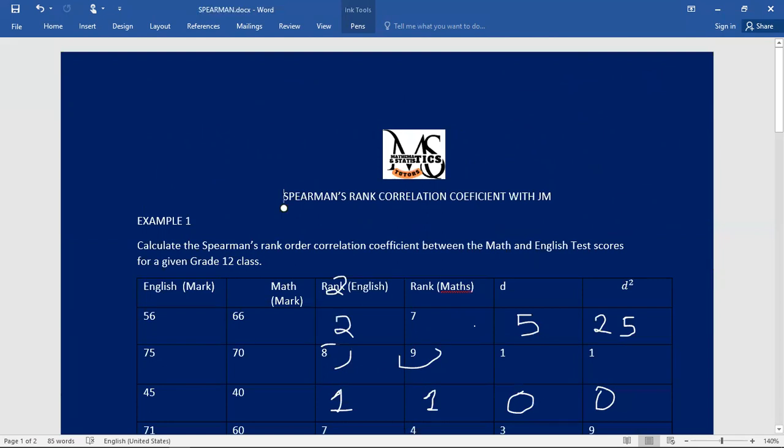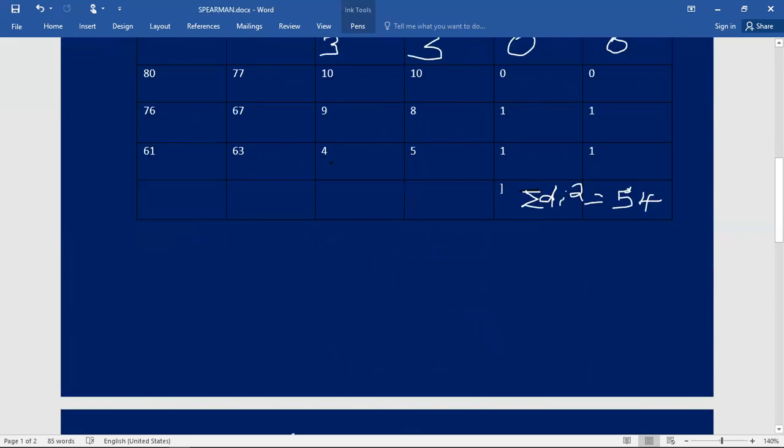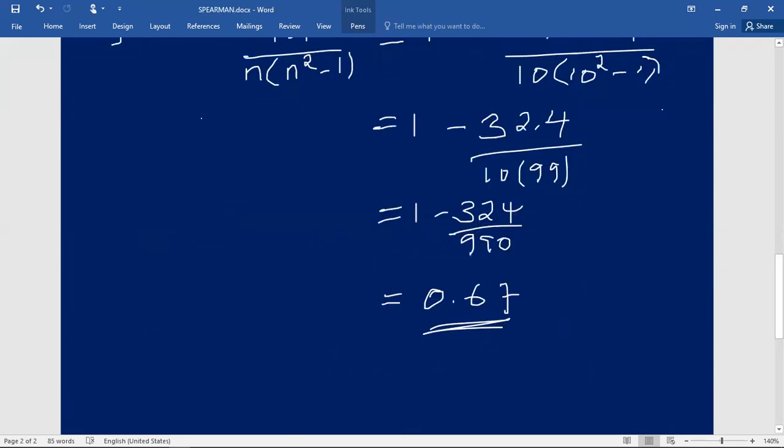Now, if you want to do the interpretation, so interpret the results. So we're going to look at 0.67. Is this a strong correlation? Does it show that there's a strong relationship or a weak relationship?